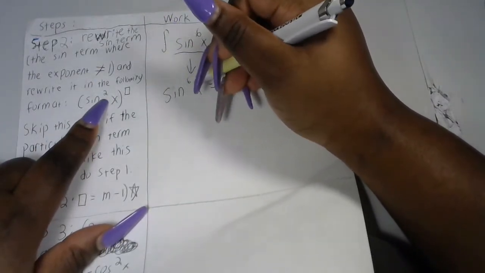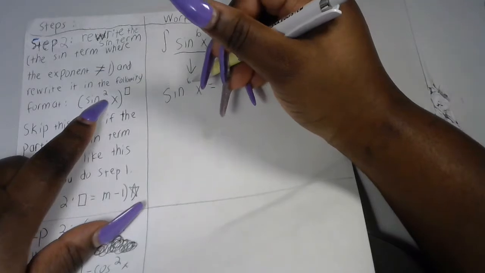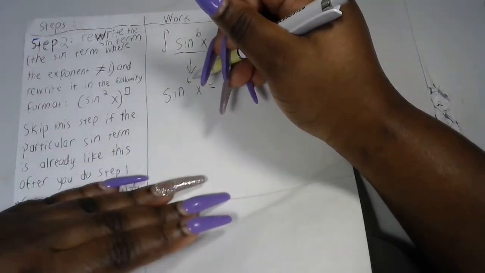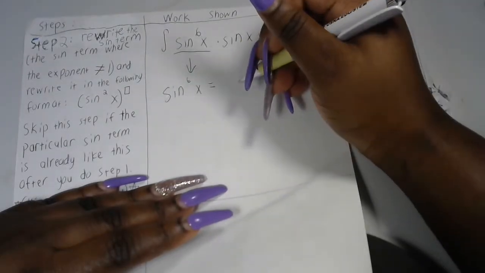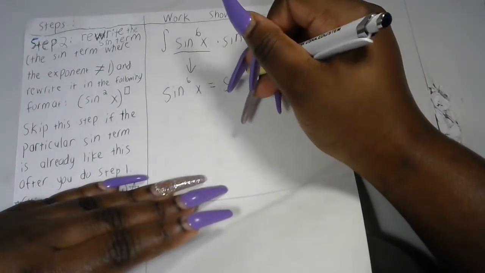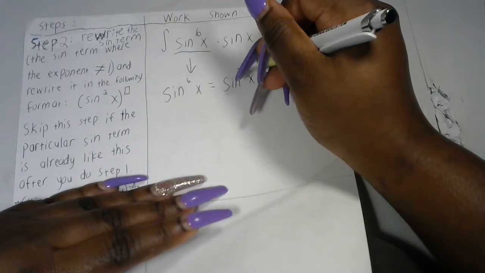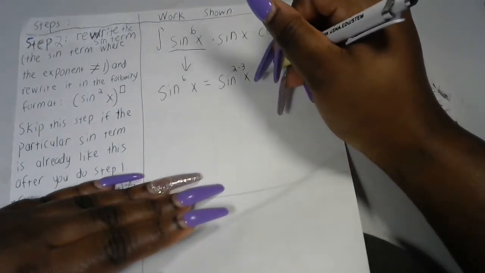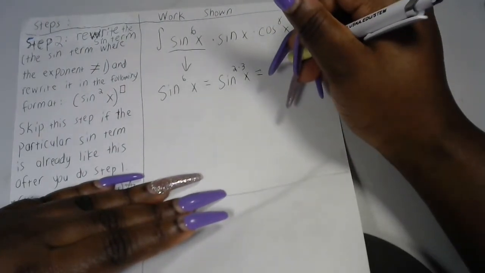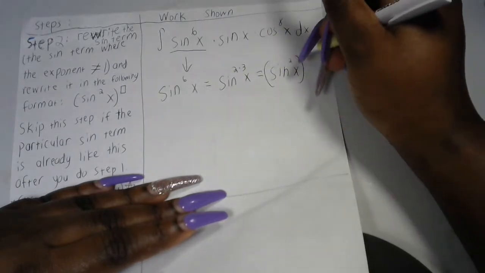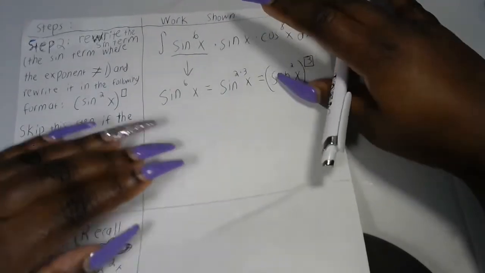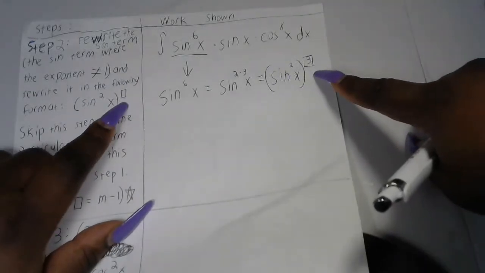Since the exponent is 6 and 2 times 3 is equal to 6, we break this down into sine x of 2 times 3. Using rule number 2, we can break that down into sine x squared to the power of 3. As you see here, our something is 3.